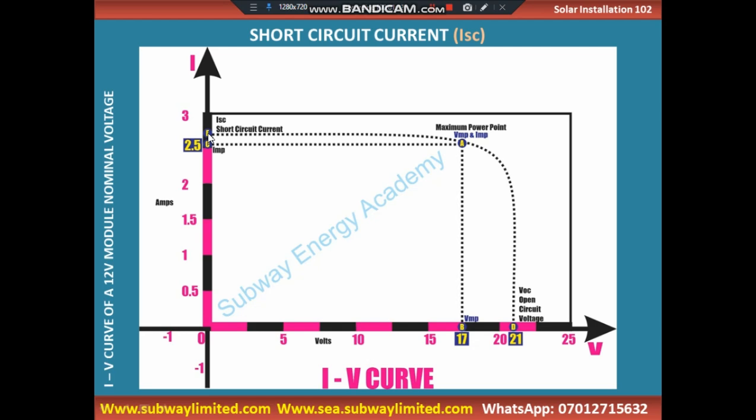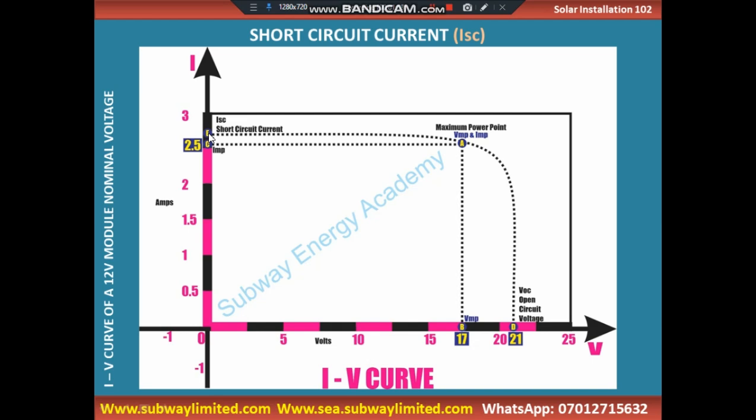When we were talking about open circuit voltage, we were not linking the two panel probes together. We use a multimeter to do the measurement. We will experiment with this so that you understand how to test all this as we progress in this training.